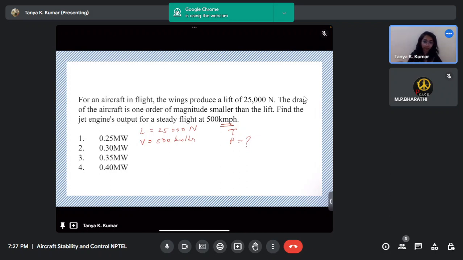They've given you lift, they've given you drag. How much is the drag? 1 order of magnitude less than the lift. So it will just be 2500 Newton. Now you just have to find out power in megawatts. Take a couple of minutes to try solving it and then we'll do it together.